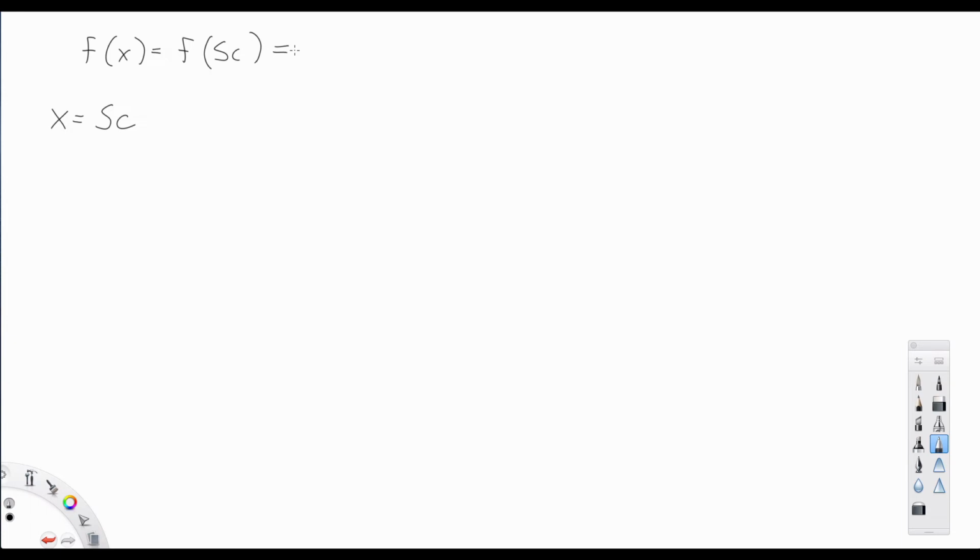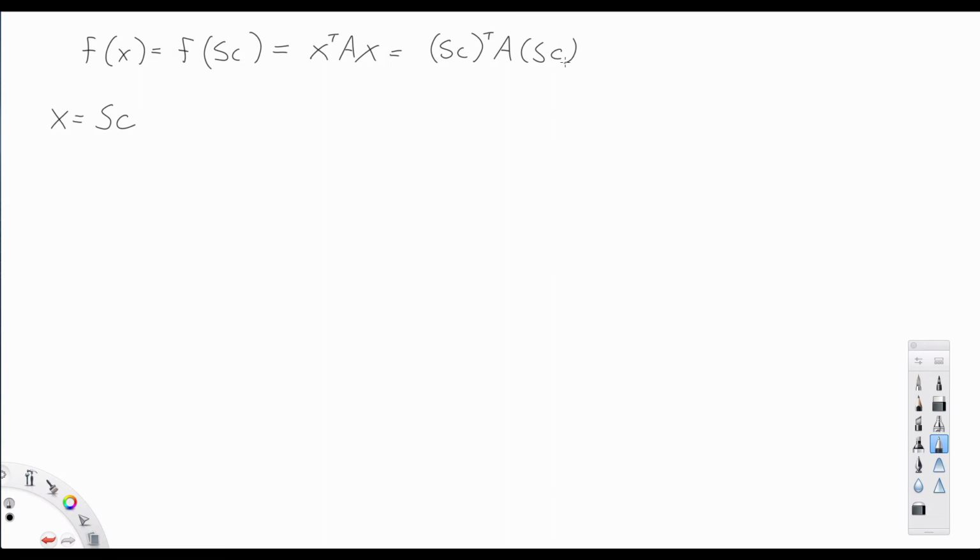And if I replace x with s times c in the formula for a quadratic form, x transpose a times x, then I substitute in s times c for x: sc quantity transpose times a times sc.